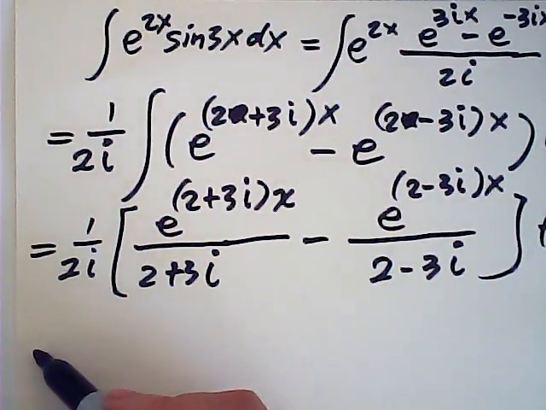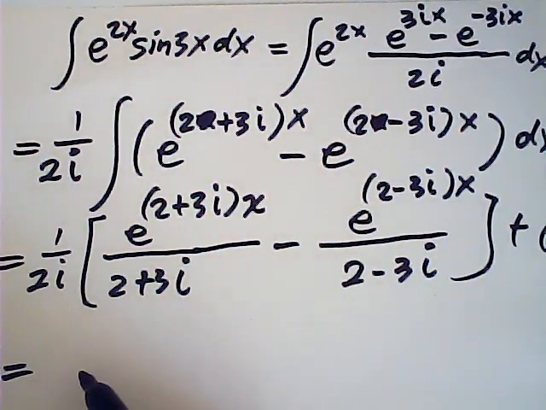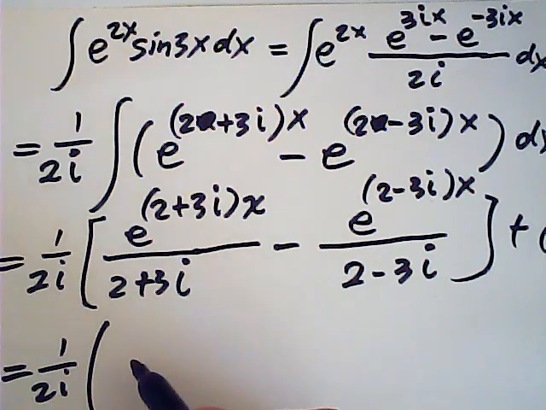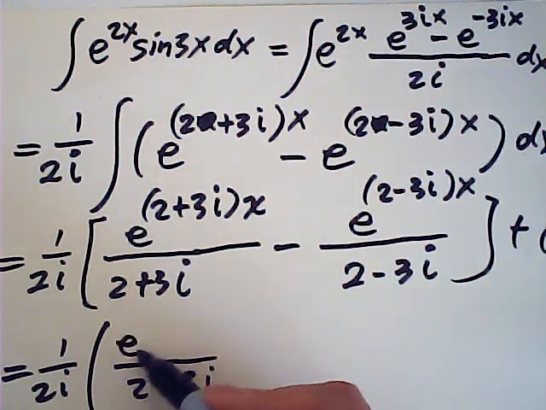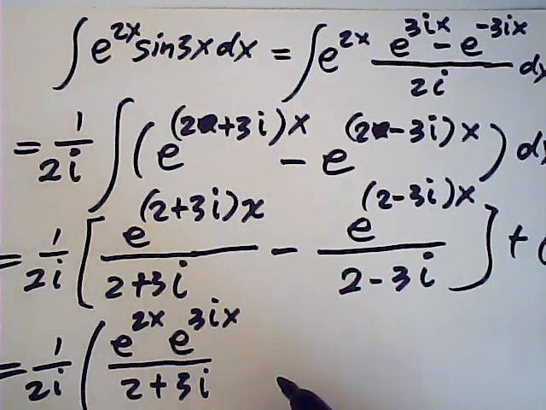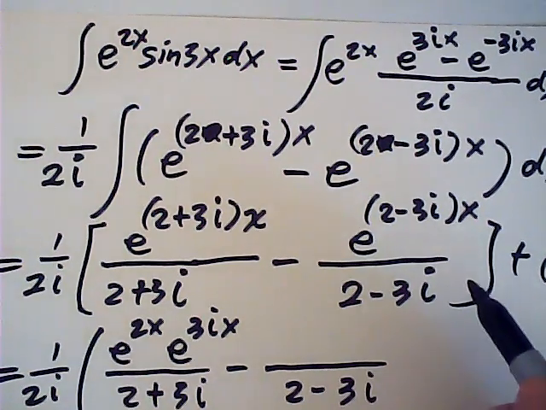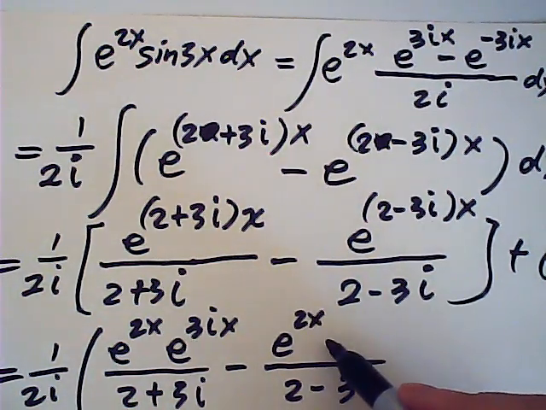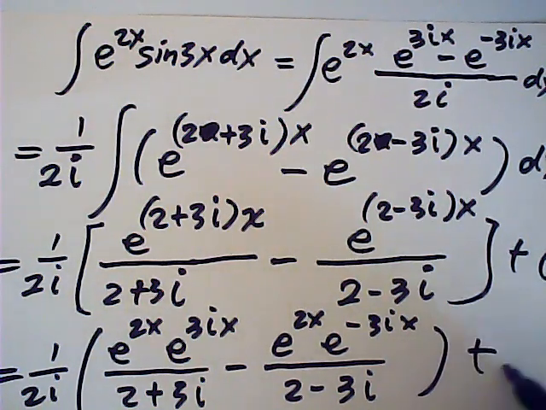Yeah, that's correct. This has to be very careful. This is 1 over 2i. Now this will be 2 plus 3i e to the 2x times e to the 3ix, minus 2 minus 3i e to the 2x and e to the negative 3ix, plus c.